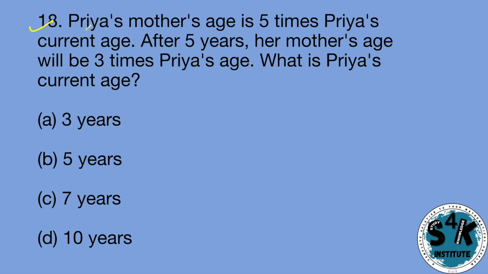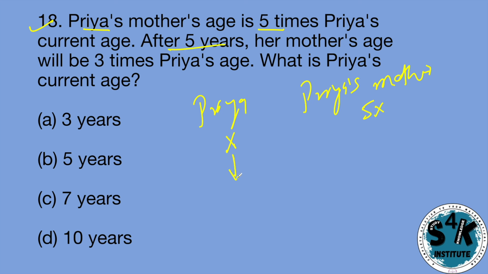Next, Priya's mother's age is 5 times Priya's current age. So there is Priya and there is Priya's mother. If Priya's age is x, her mother's age will be 5x. After 5 years, Priya's age will be x plus 5 and her mother's age will be 5x plus 5.